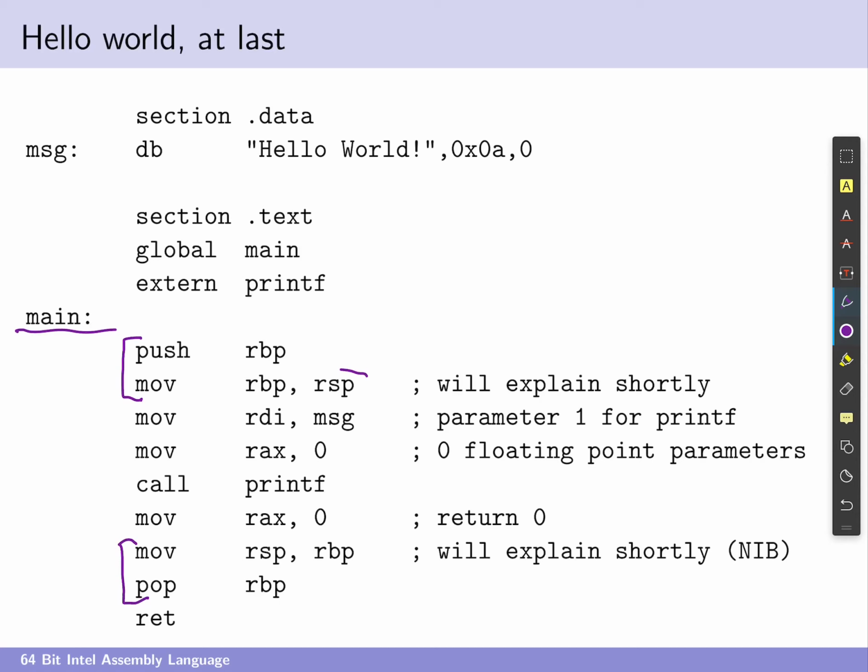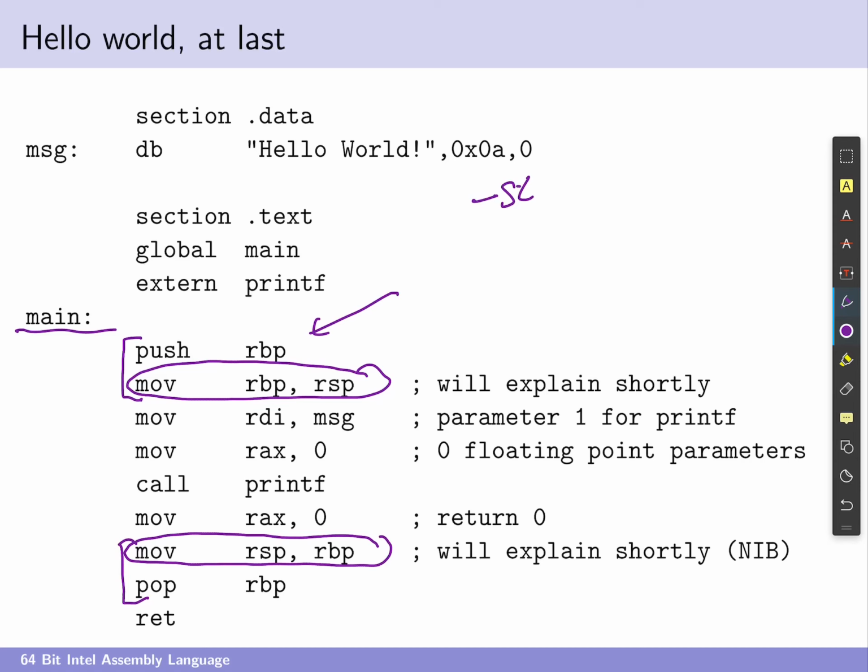Now, we haven't explained the purpose of these two instructions as of yet. However, we know that we want to push onto the stack to restore the 16-byte boundary. Now remember, what happens here is _start calls main, which means even in main, we need to reestablish that 16-byte boundary alignment.